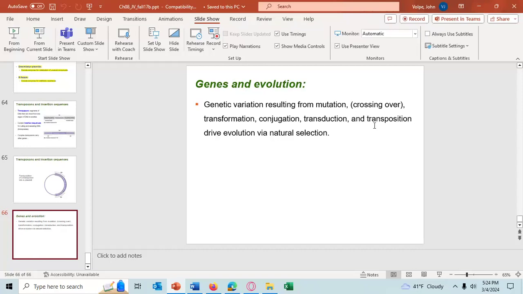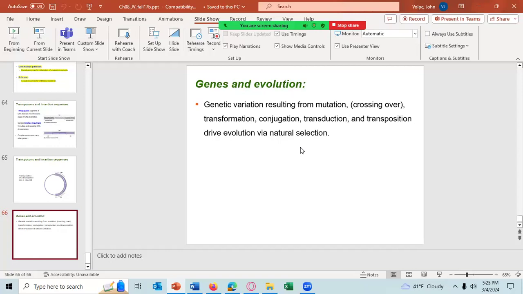And then transposition just helps mix up the genes and also helps transformation, conjugation, and transduction occur in bacteria cells. And all of this genetic variation drives evolution of the population, and the evolution happens by natural selection.